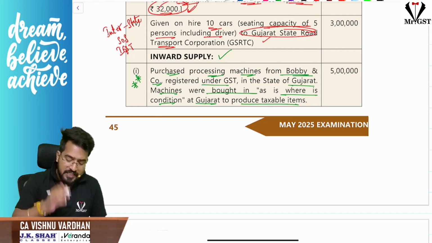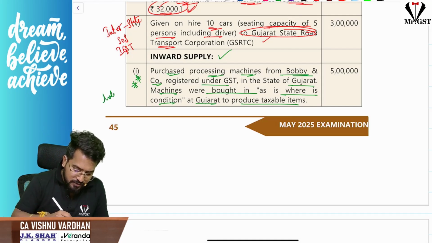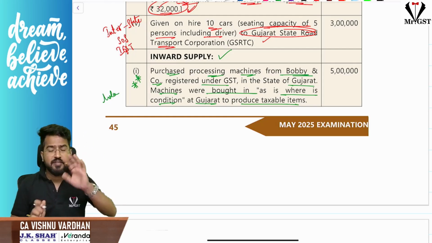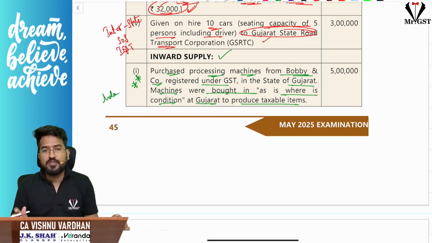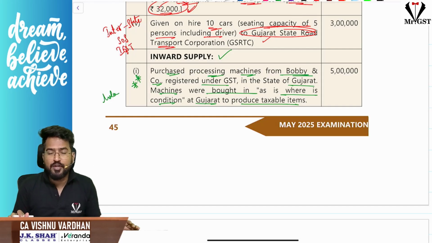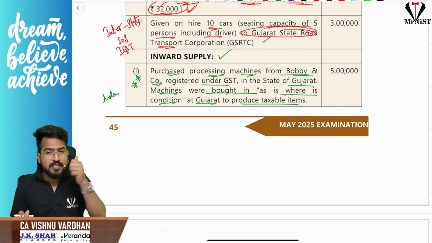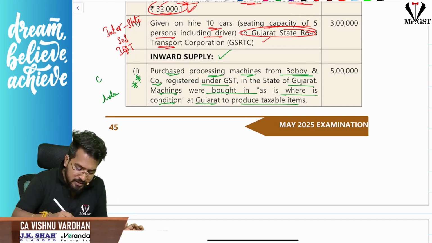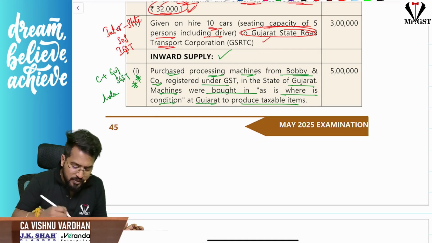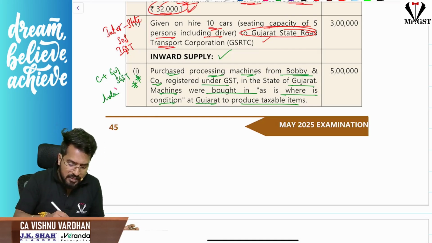Sir, you have purchased machinery. You are in Maharashtra, you purchased this machinery from Gujarat, and the machinery is also going to stay in Gujarat. So movement of goods is not involved. Place of supply is also Gujarat. The supplier is in Gujarat, the place of supply is in Gujarat. He will charge CGST plus Gujarat state GST, because you are registered in Maharashtra.